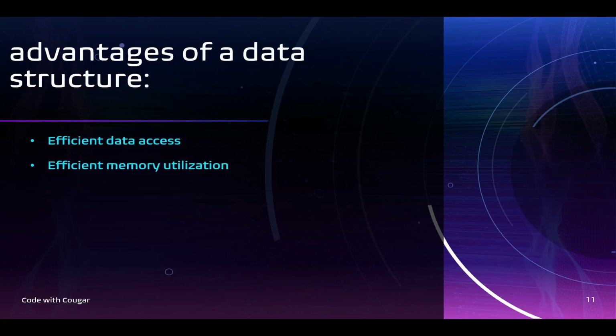So the second advantage of data structures is efficient memory utilization, as they provide an efficient way to allocate and deallocate memory, which can reduce memory wastage and improve program performance. For example, we saw that a linked list allows for dynamic memory allocation, making it more memory efficient than arrays.